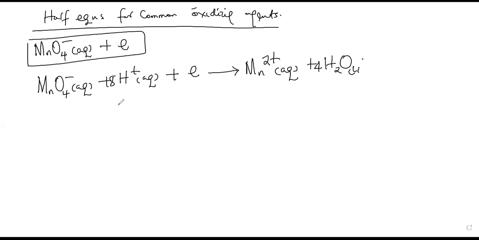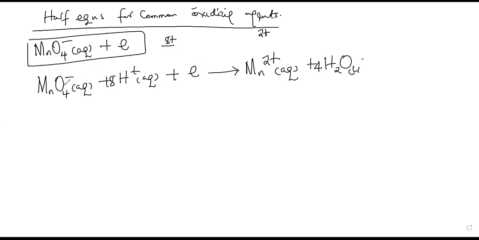Now you balance the ions. How do I balance the ions? This side you have 8 positives, while this side you have 2 positives.